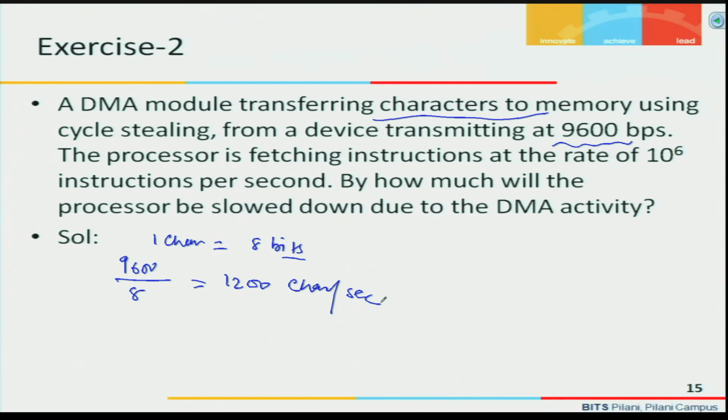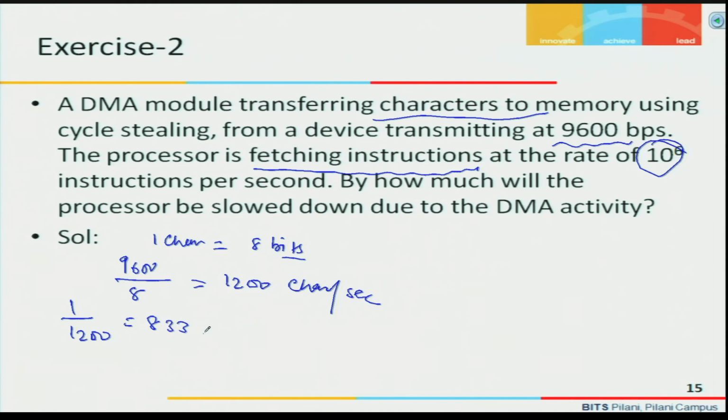Now the processor is fetching; the assumption here is that the processor is only fetching instructions, only one activity. The rate at which the processor is fetching is 1 million instructions per second, or you can say one instruction fetch time is 1 microsecond. Now to transfer one character how much time is required? 1 by 1200 gives me 833 point something.